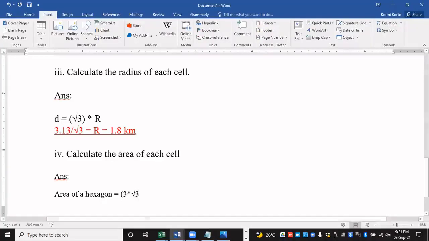Since you're using some parentheses, you separate them so you don't get confused.